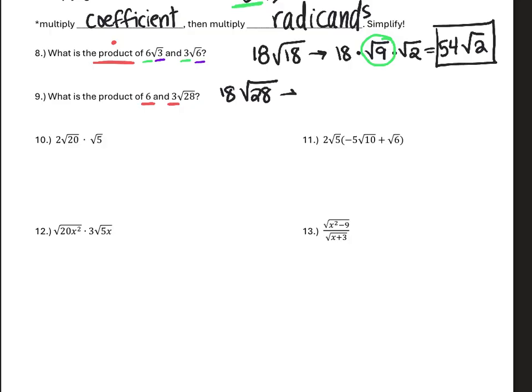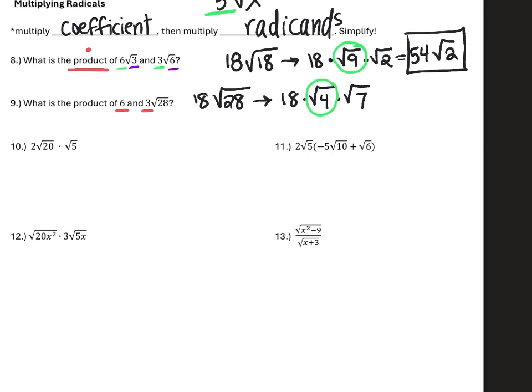Do any perfect square factors go into 28? 4 and 7. 18, square root 4, square root 7. And then we can simplify this to 2. So 18 times 2 is 36 root 7. Oop, not root 2, root 7. Okay.